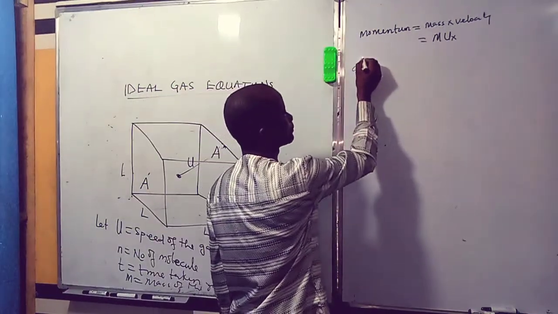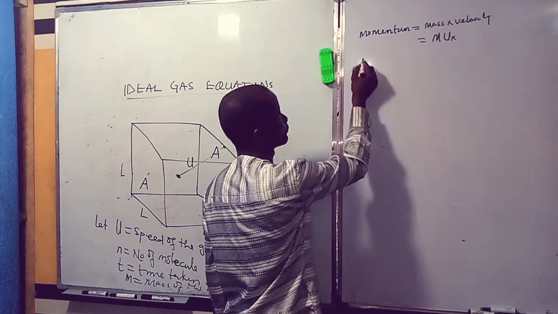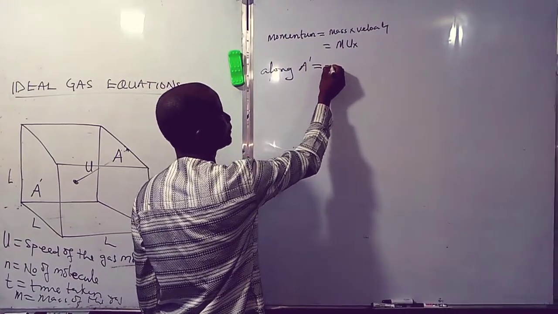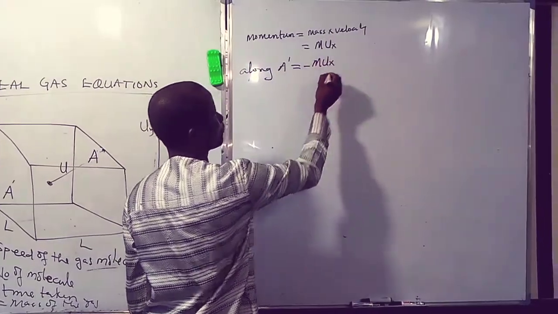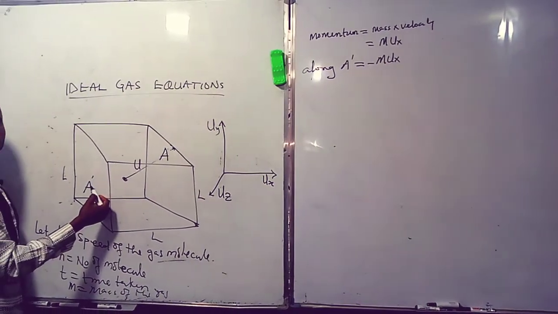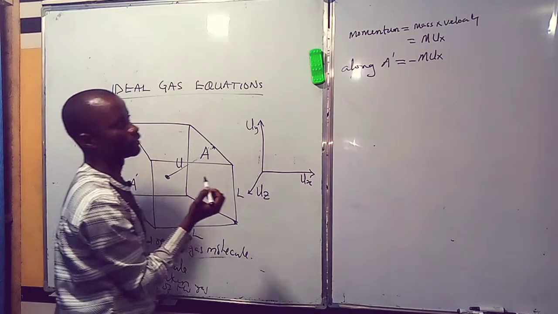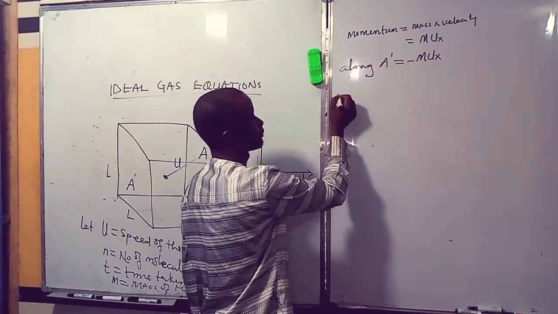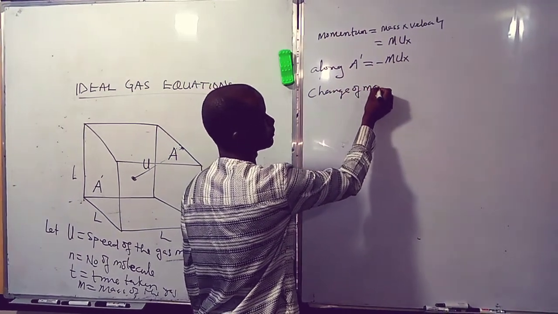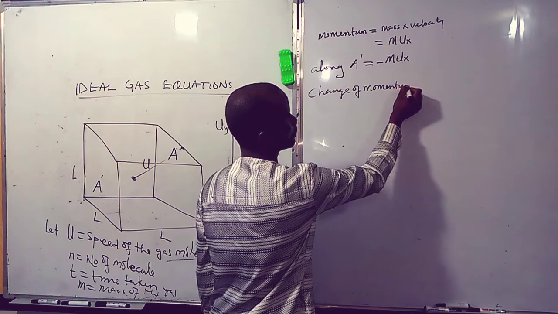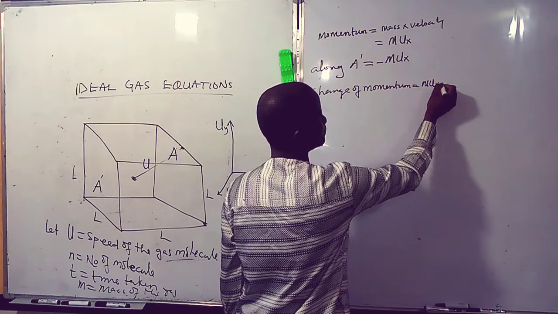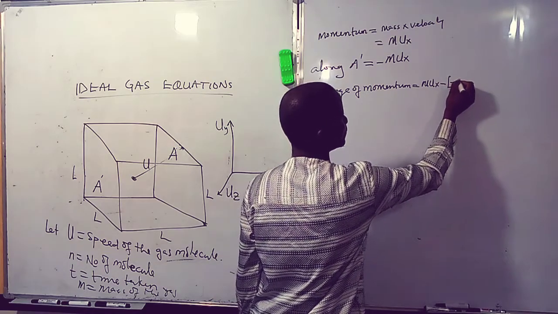Therefore, along A prime, we are going to have minus mux. Why is it minus? Because it returns back in the opposite direction. Therefore, the change of momentum is equal to final minus initial: minus mux minus mux.